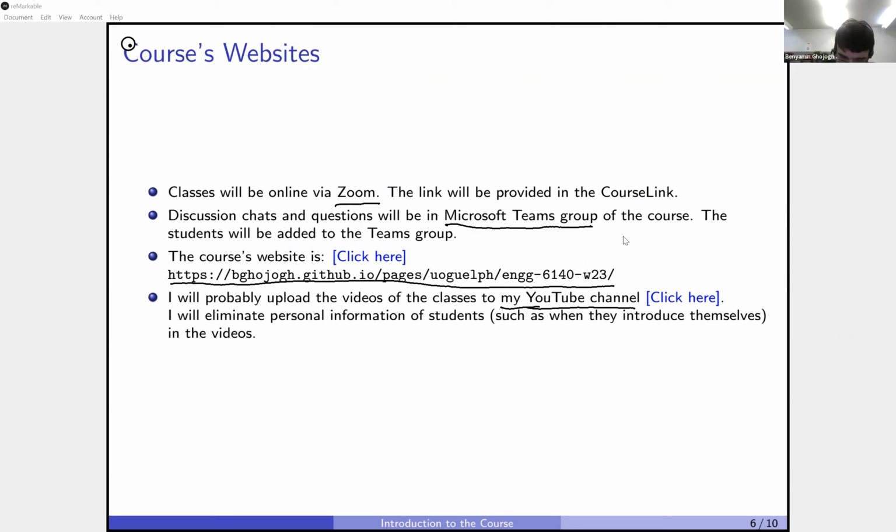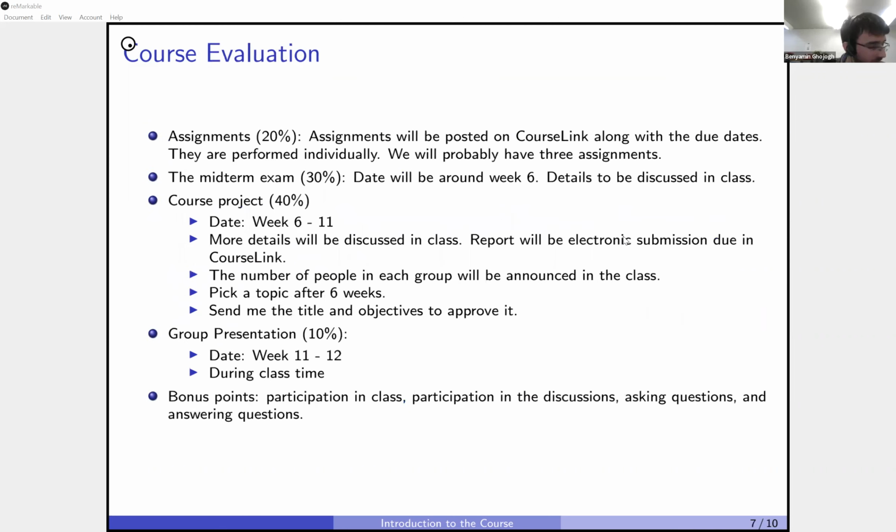About the course evaluation, we'll have assignments. We'll probably have 3 assignments, but I need to discuss it with the TA. You'll have one TA too. The midterm exam will be around week 6, and we'll discuss what will be covered in the midterm.